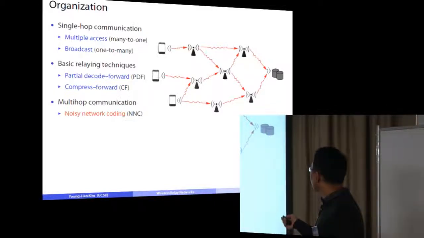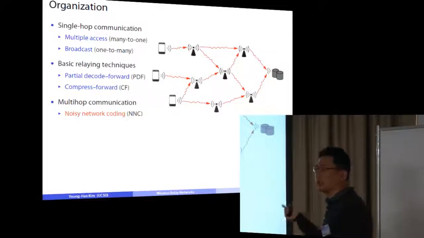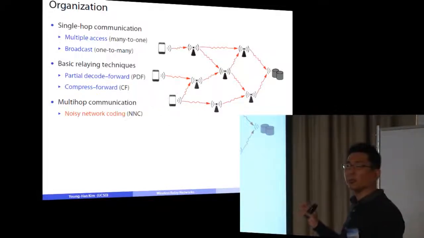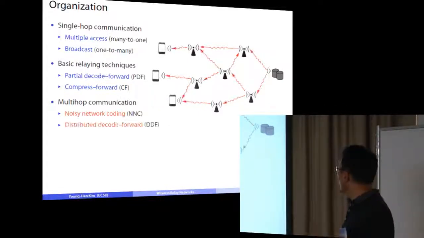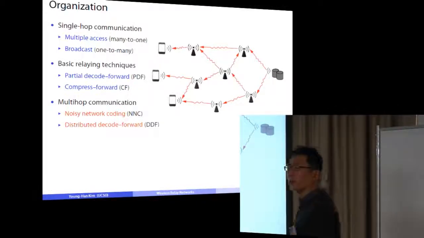For the multiple access relay network, where there are many senders communicating to a single destination using relays, we are going to study a coding scheme called noisy network coding. And for its dual problem, where a single sender is communicating to multiple destinations through relays, we are going to look at the distributed decode forward coding scheme.